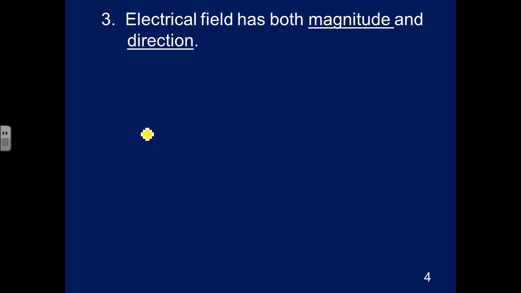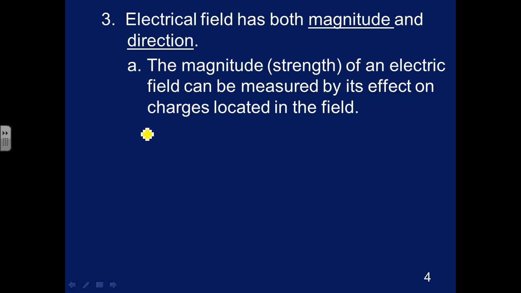So electric field has strength and it acts in a certain direction. It has a direction. It either is able to push objects away or it pulls them. So objects move in the force field. The strength of an electric force field can be measured by what it does to charged objects that are in the field.